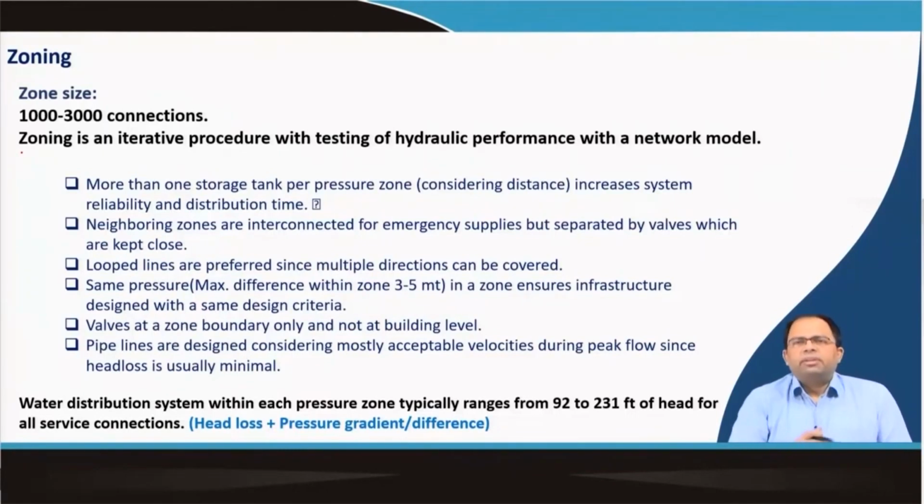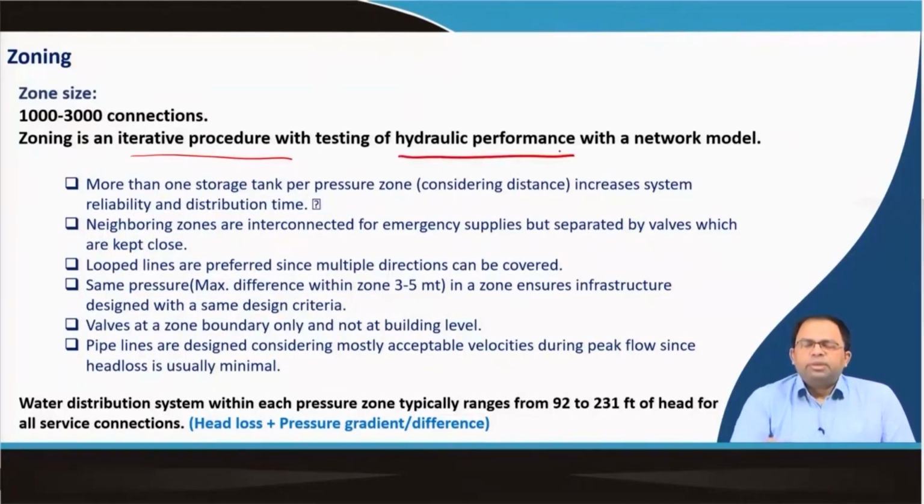This entire process of dividing the area is an iterative procedure. Once we know that this is the proposed zone based on all the different criteria that we have discussed, we can determine the network for that particular area. We can make assumptions regarding pipe sizes, and then we can test the hydraulic performance. Now, what does hydraulic performance mean?